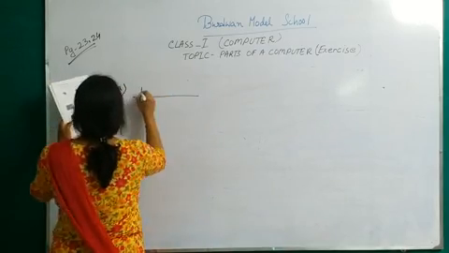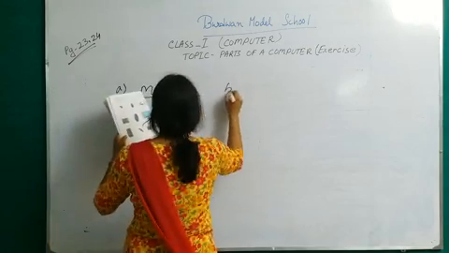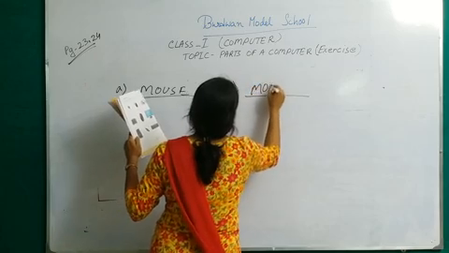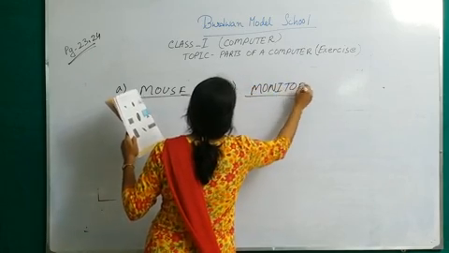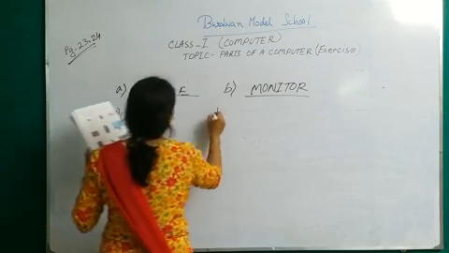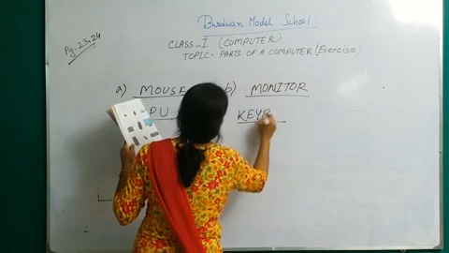A, mouse, number 1 mouse. Number B, monitor, MONITOR. Number C, CPU, and number D, keyboard, KEYBOARD.